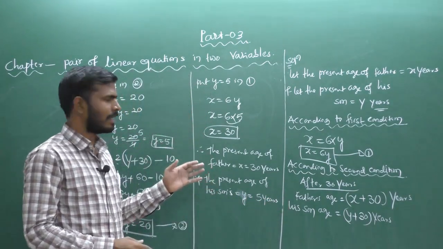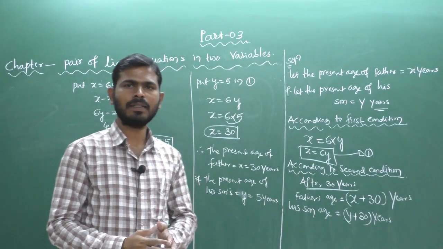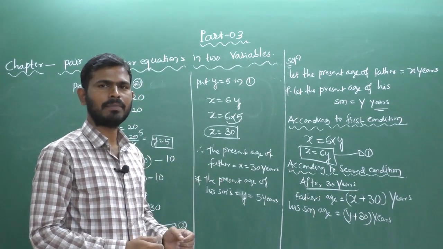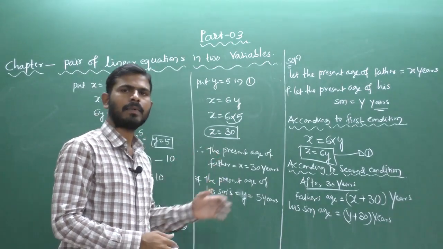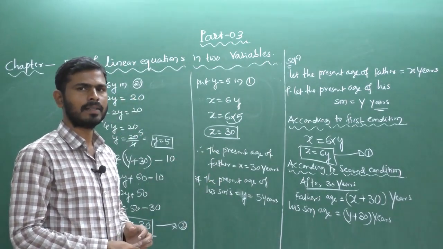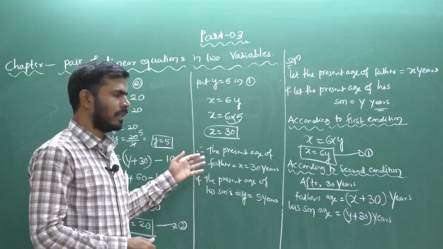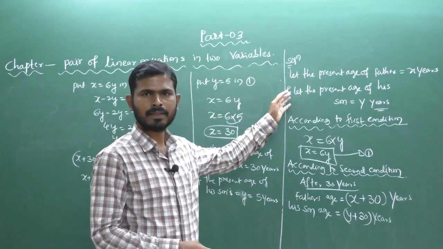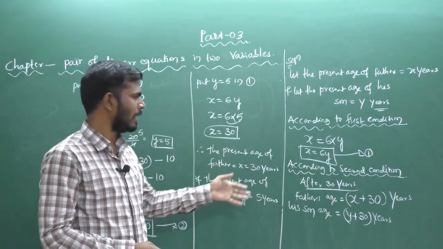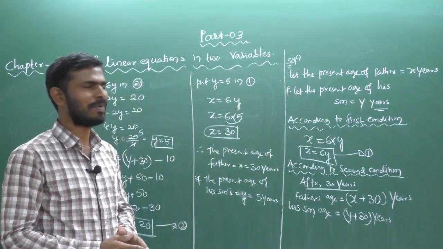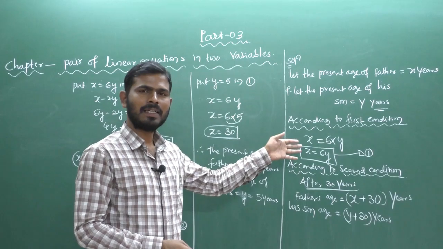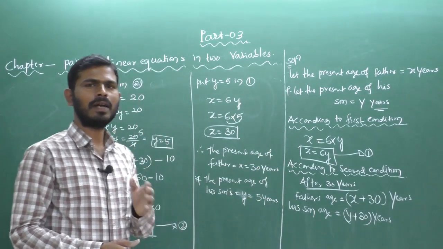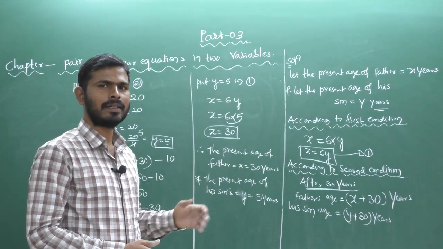So this last sentence is also very important. We have to write the last conclusion compulsorily in the exam, because this step also has marks, half or 1, so there is a chance of losing marks. That's why we have to write the beginning sentence and the last sentence compulsorily. And the steps in between are also very important, because there is a chance of making mistakes in between also. Solve carefully and you will get the correct answer.